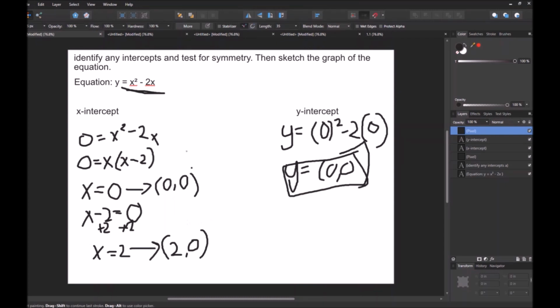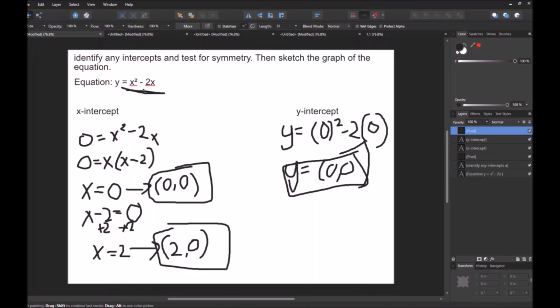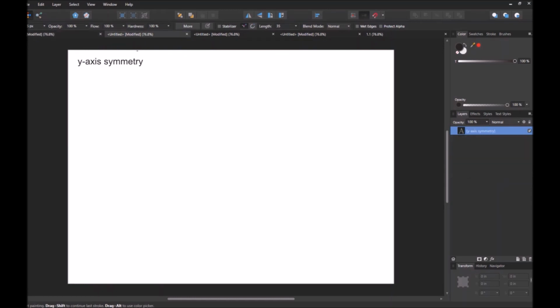So that's our answer for this first part of the question, and now we move on to the part asking about symmetry. So, y-axis symmetry. If you recall, in order to test if something has y-axis symmetry, we have to plug in negative x wherever we see x and evaluate the equation, and if the equation is the same as the original equation, then it does have y-axis symmetry.